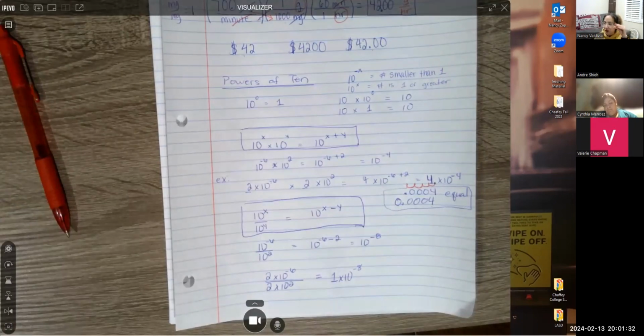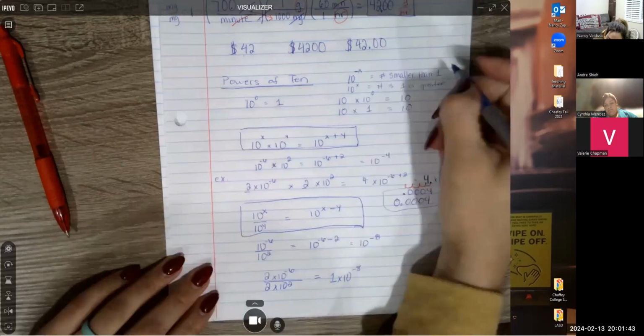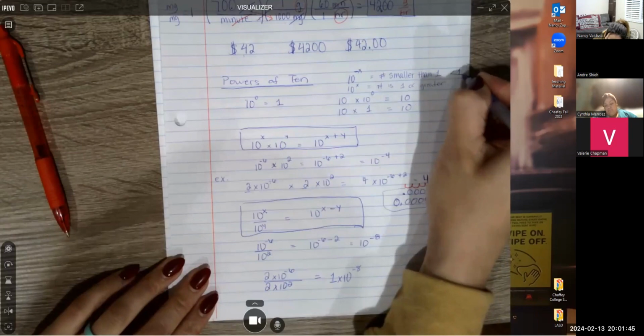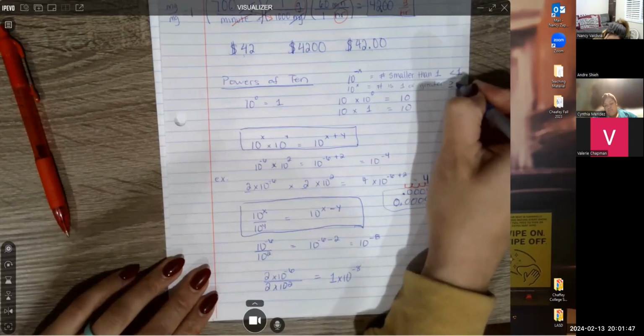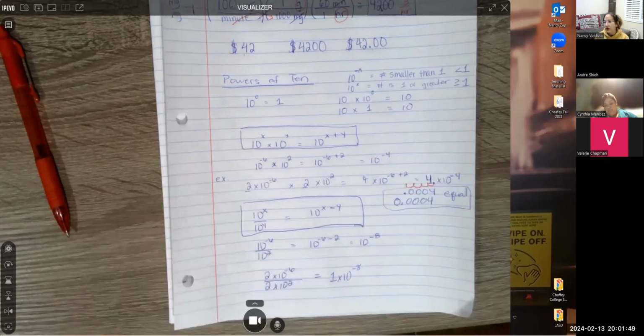I know you could do the little mouth things like the side V's and stuff for this, but I always get confused. That would be less than 1, and this would be greater than or equal to 1.